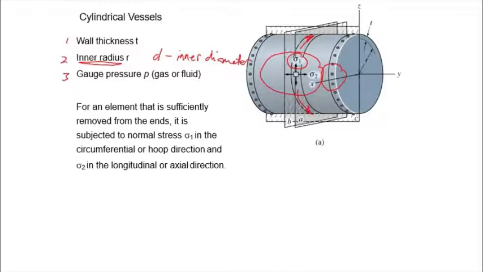So it's called the circumferential direction, or also the hoop direction. Remember hula hoop in school? If you have ever played hula hoop before, it's a ring, right? It's a circular rod. That is why it's called hoop stress or circumferential stress. Sigma 2 is in the longitudinal direction, so it's in that direction there. Okay. Therefore, it's called the longitudinal stress.